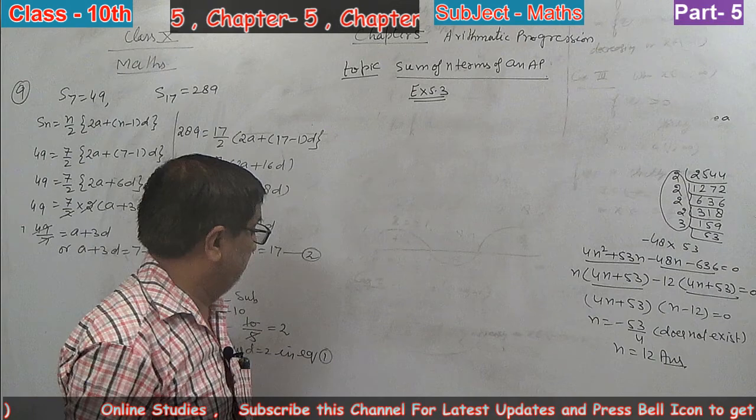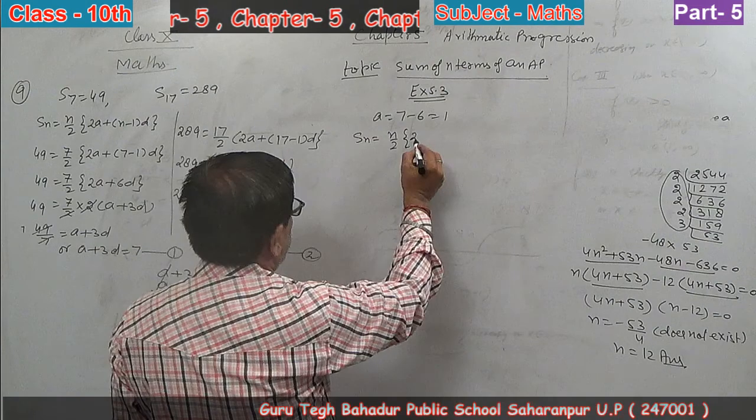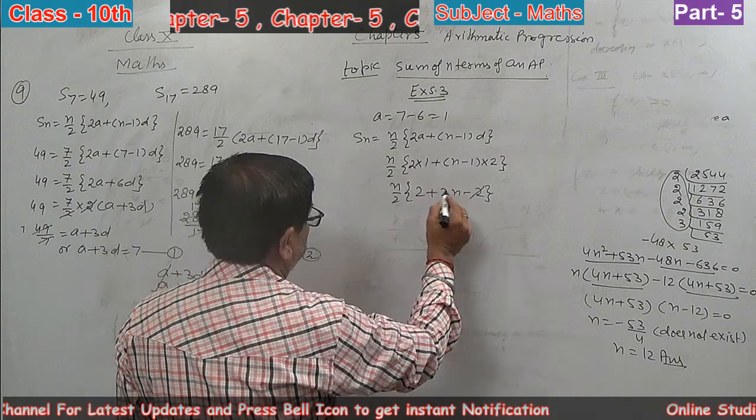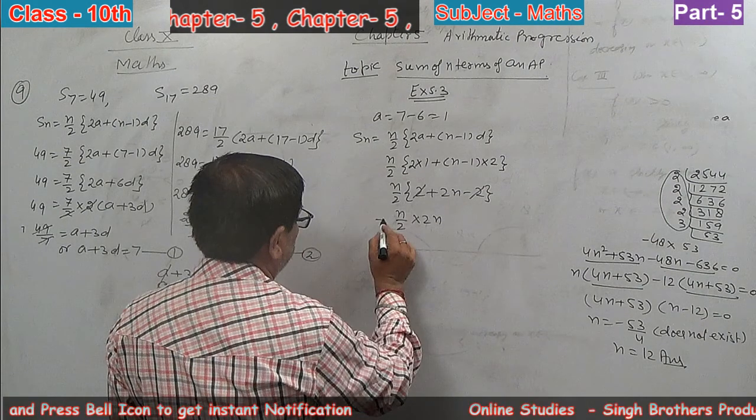Let us take the 10th question, second part. an is equal to 9 minus 5n. Show that it is an AP.